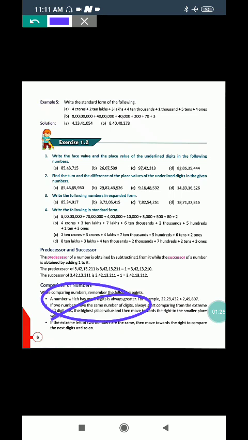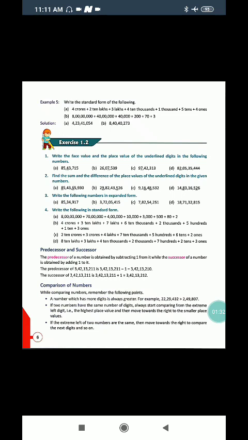the extreme left number, whether it is bigger or smaller. If we find that the extreme left number is of higher value, then we will move towards the right side, whether it is bigger or smaller.